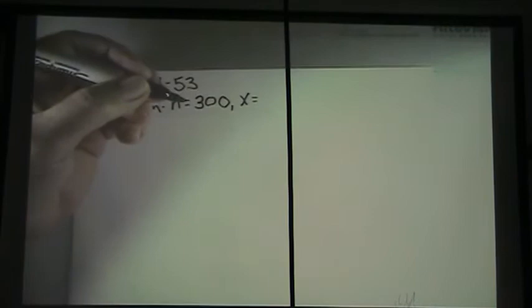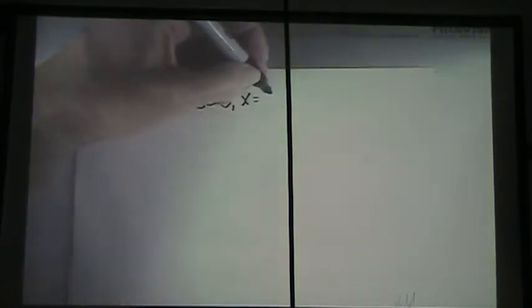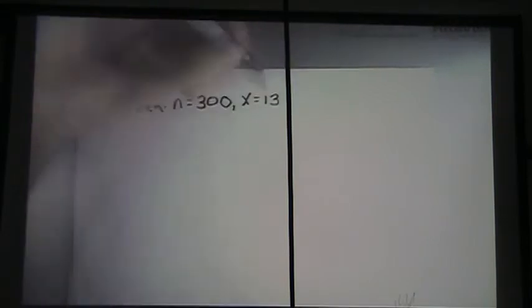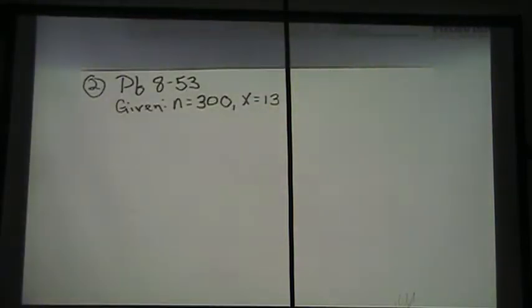That gives us our sample size, 300, revealing 13 defectives. So I could say that is X, which is how we usually do it here. All right, so that makes it pretty simple.